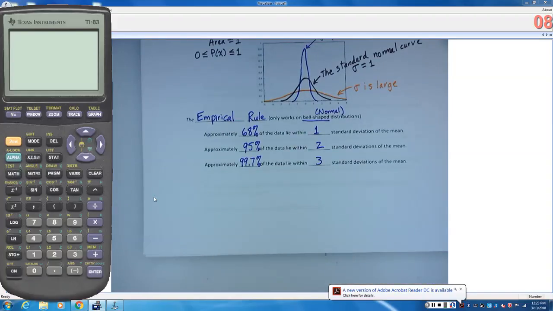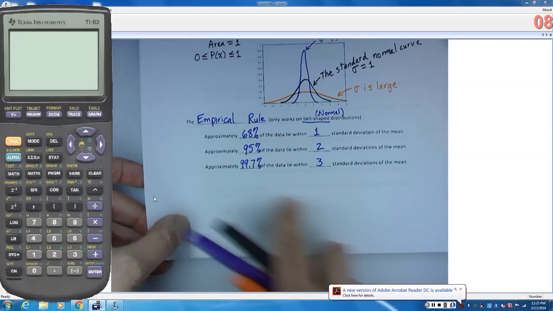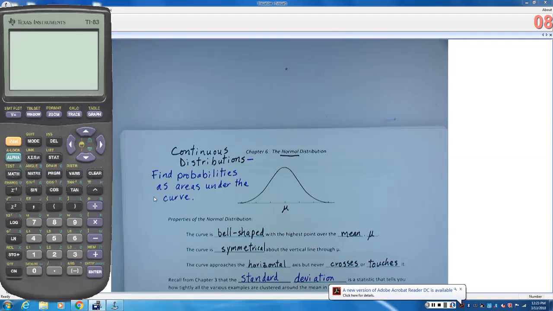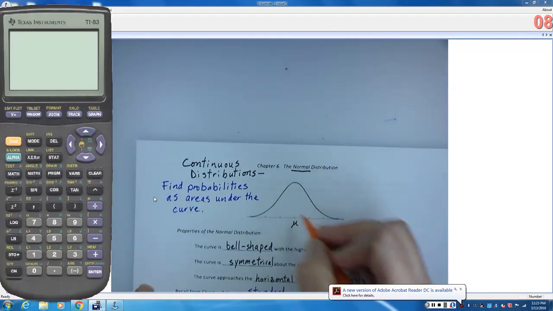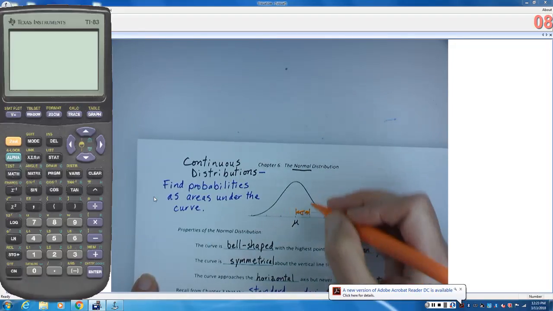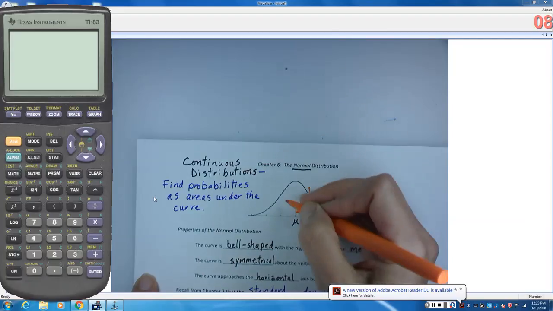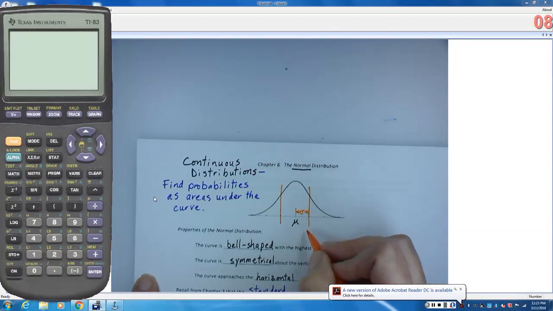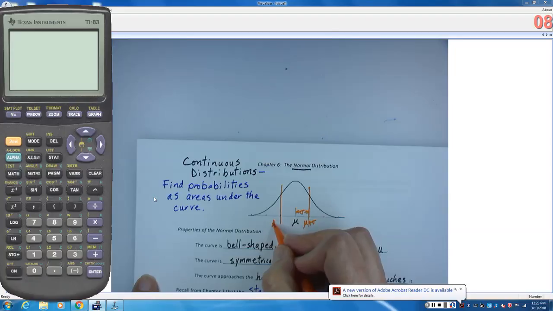So you've got your picture at the top of the page. We could mark that one up with these numbers. So we've got this distance here is sigma. And between here and here is mu plus sigma, mu minus sigma.